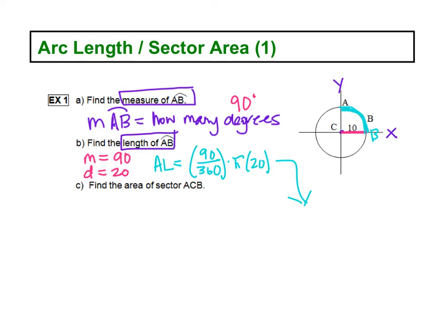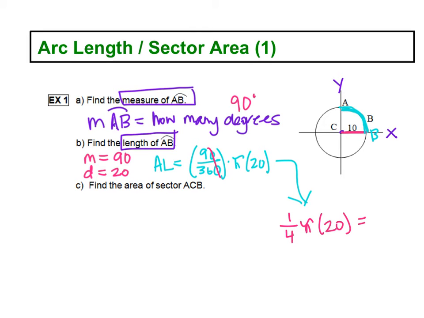What we're first going to do is reduce the degree measure over the 360. So 90 over 360, you guys see those zeros on the ends? Those cancel each other out. It's basically like dividing by 10, leaving us with 9 over 36. Now 9 over 36 will reduce to a 1 over 4, and then pi times 20.